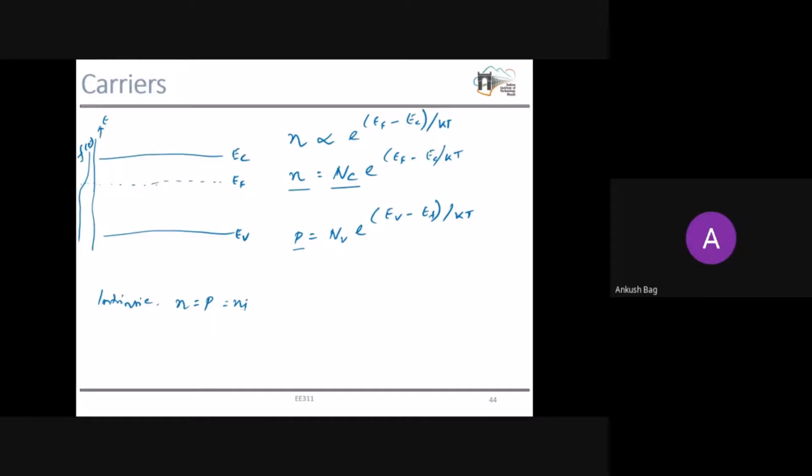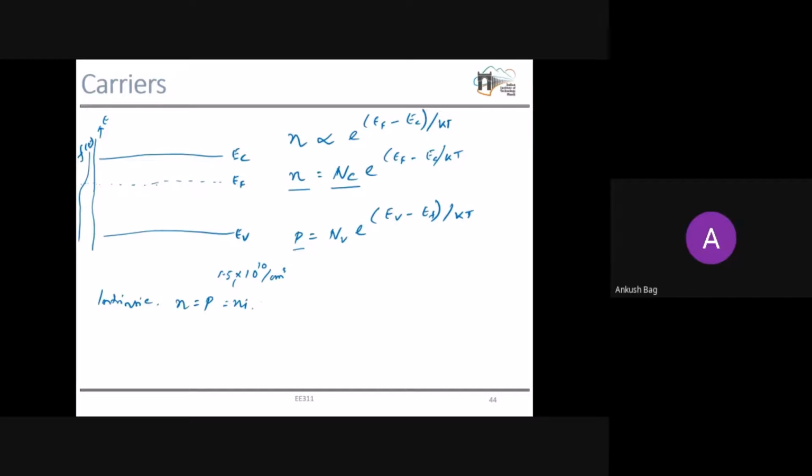Ni is the carrier concentration for an intrinsic semiconductor, and the value of Ni for silicon is around 1.5 into 10 to the power 10 per centimeter cube at 300 Kelvin, or room temperature.